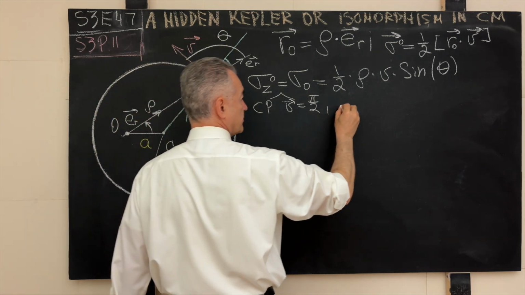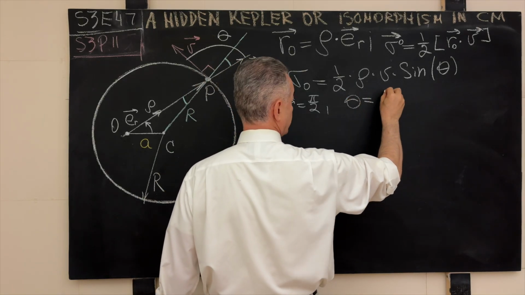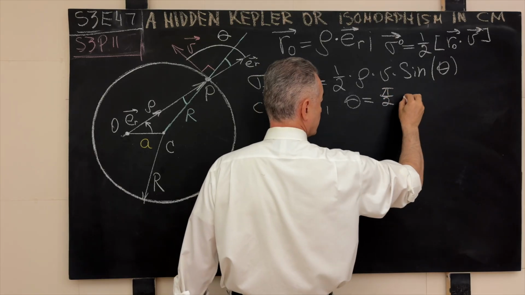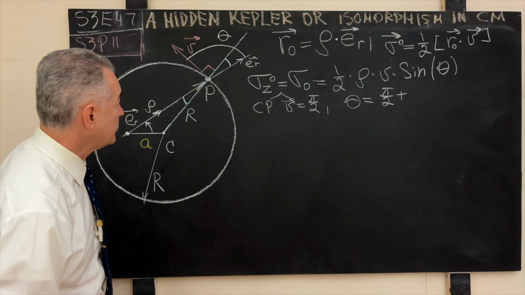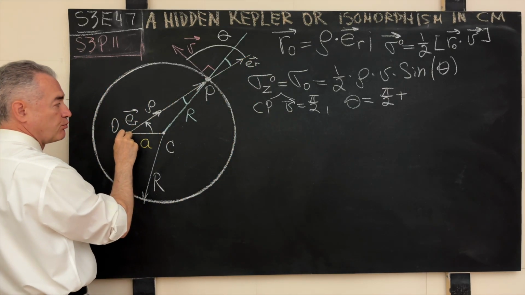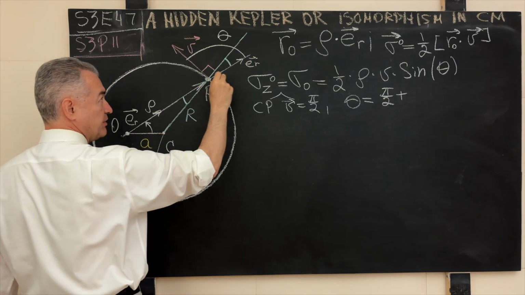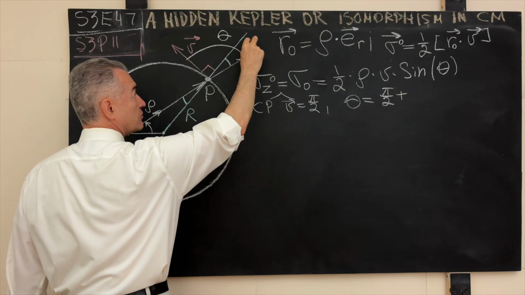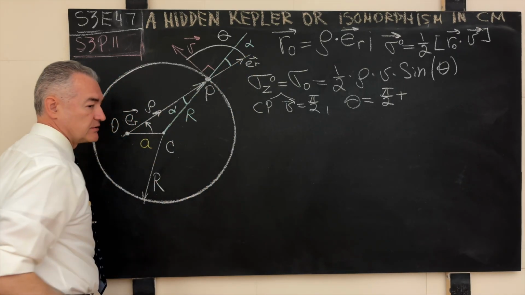But look at this. What can we say about theta? In this case, it's a composite quantity. It will be pi over 2 plus the angle between our radius vector of the moving point with respect to the point O and the radial direction CP. Let's call this angle alpha.